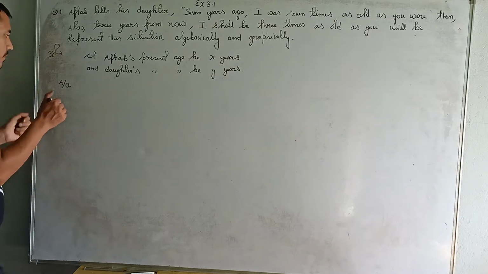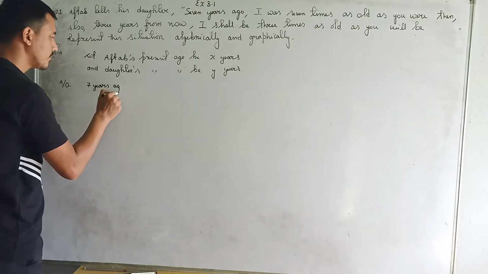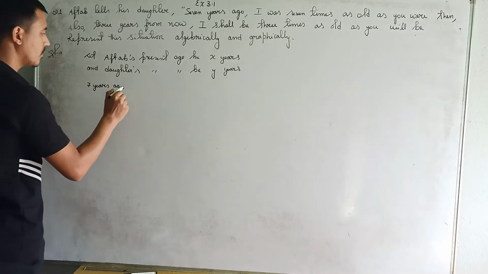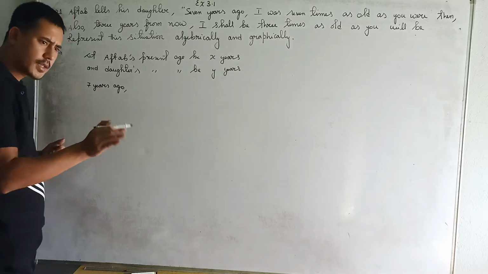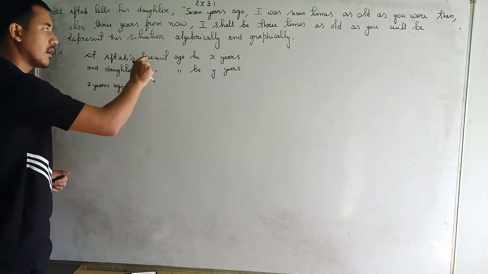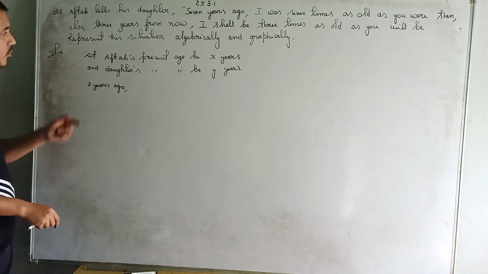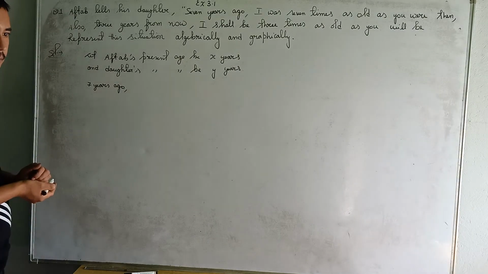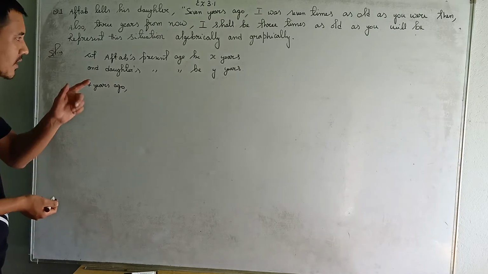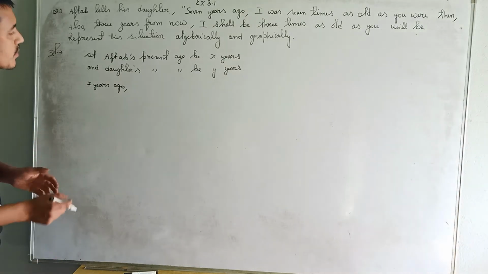In 2021, Aftab's age is x years. 7 years ago, he will be 7 years younger, so x minus 7.